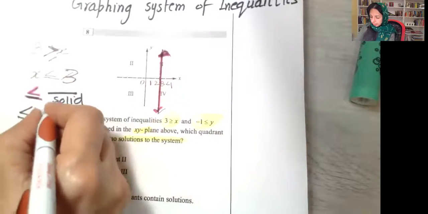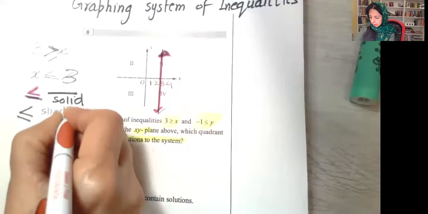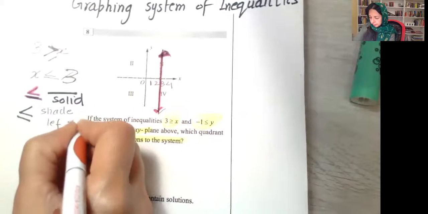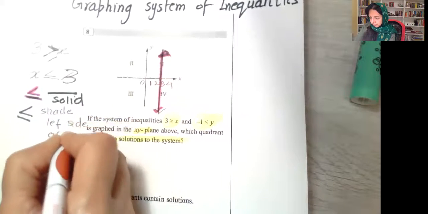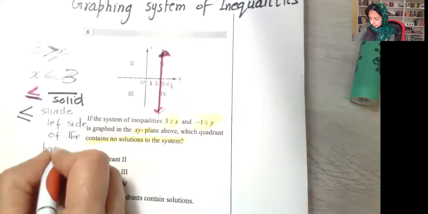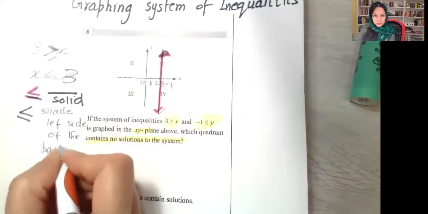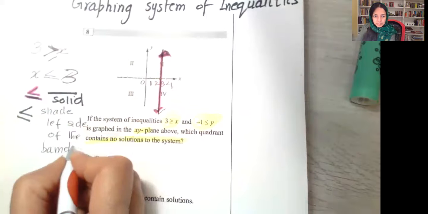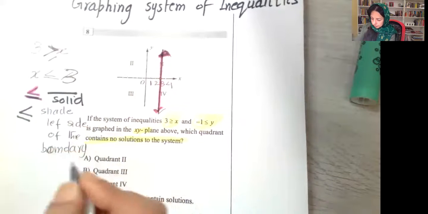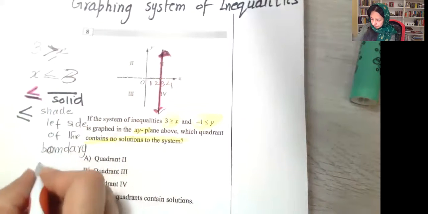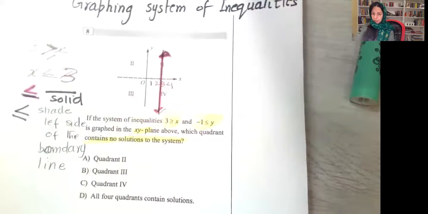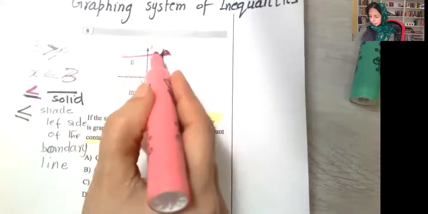Shade the left side of the boundary line. So the left side of the boundary line, this is the area.